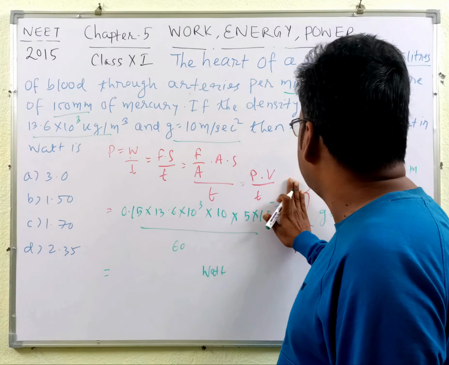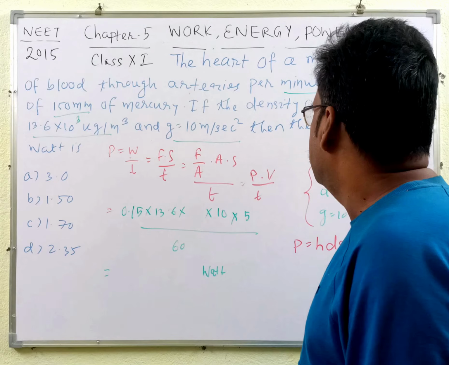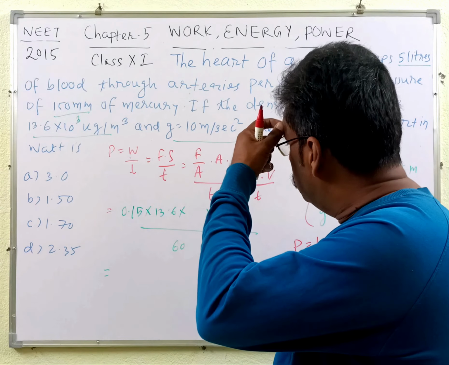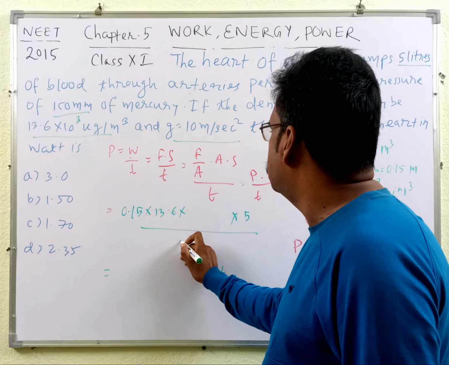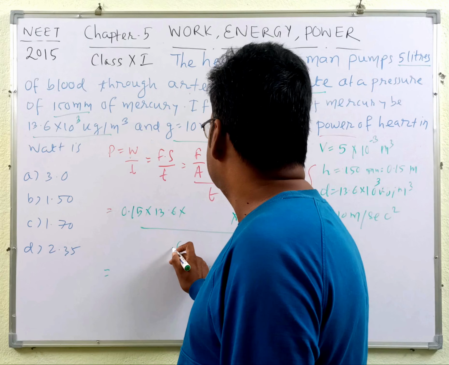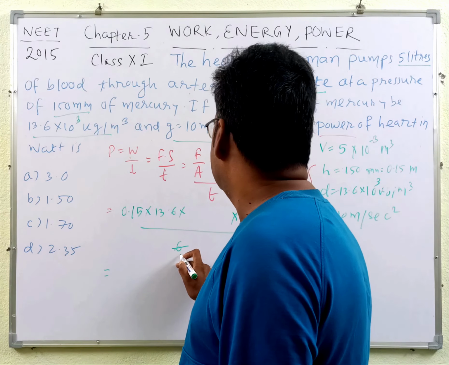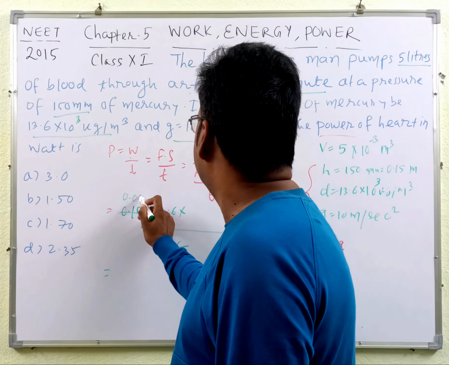This 10 to the power minus 3 and 10 to the power 3 will cancel each other, and this will be equal to 10 divided by 60, by 6. Okay students, and this 6 divides by 3 to 2, and this 3 0.05.